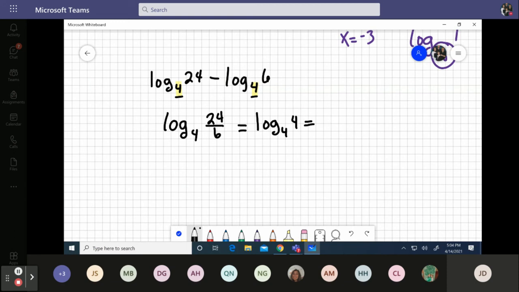So what is this all equal to? 1, right? These are the same. Then we have a 1.